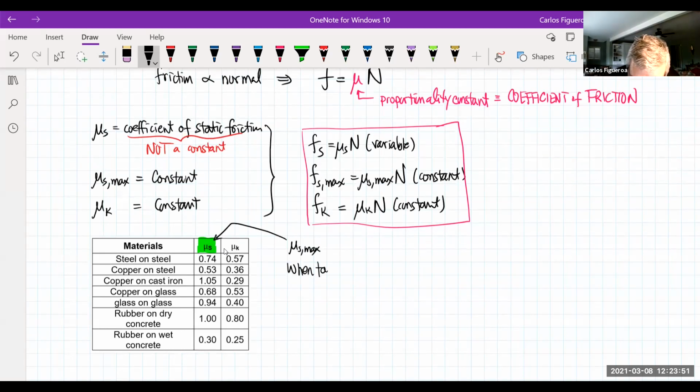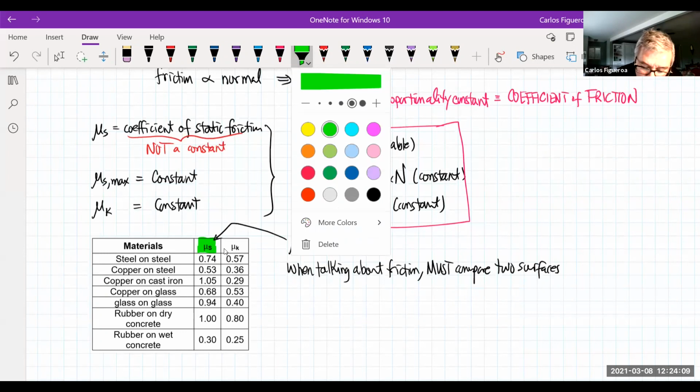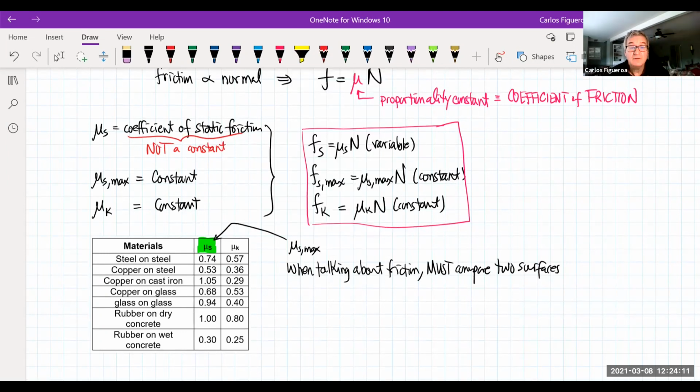So when talking about friction, you must compare two surfaces. You could see that that's exactly what we're doing right here. So think about it.